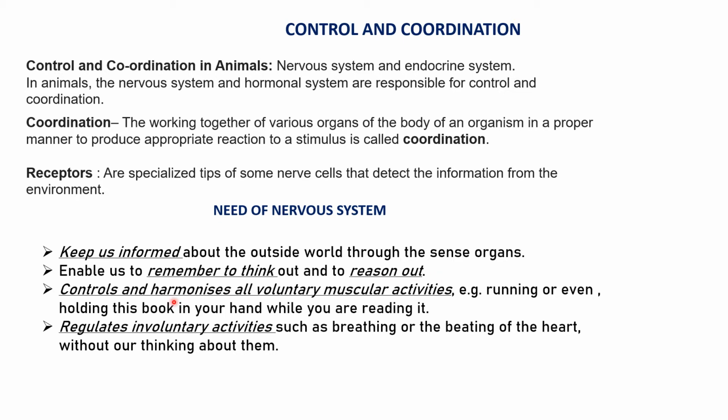Then it controls and harmonizes all voluntary muscular activity. Running is a controlled and harmonized voluntary muscular activity. Now, what do you mean by the word voluntary? Voluntary means these are the actions which are under your control. These actions are taken by you and are absolutely in your control.